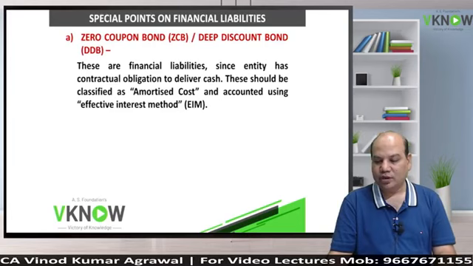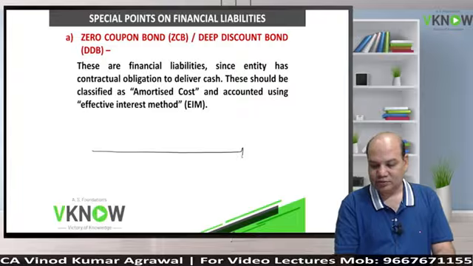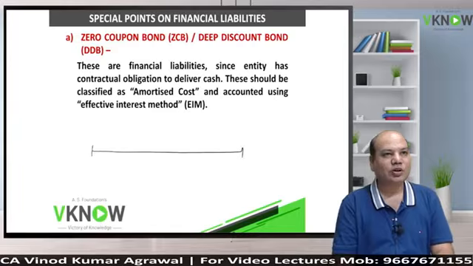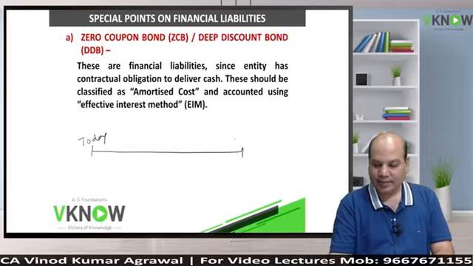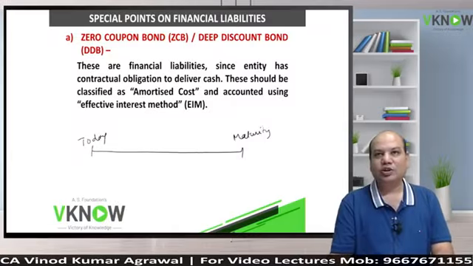Have you ever heard of a zero coupon bond? Yes. What happens here? Only two cash flows are involved: today and on maturity. There is no other cash flow. Usually they have a long life like 3 years, 5 years, sometimes 10 years also.